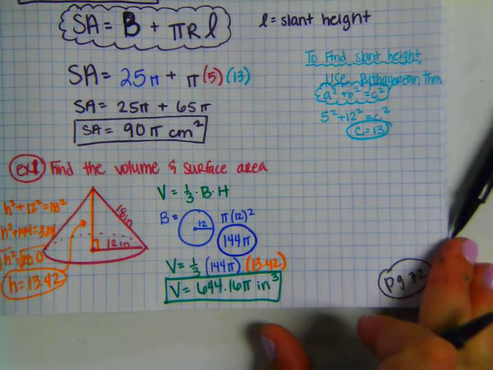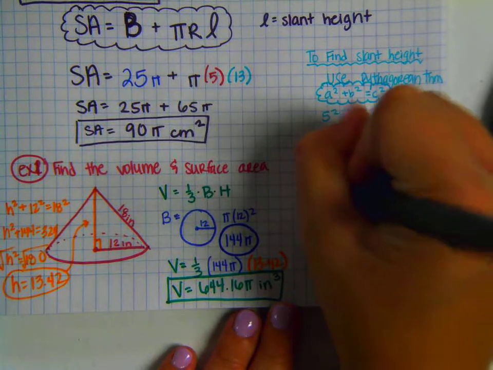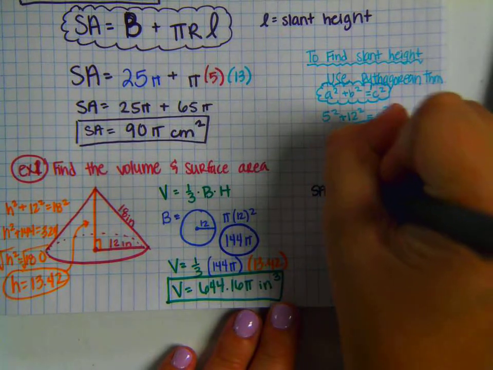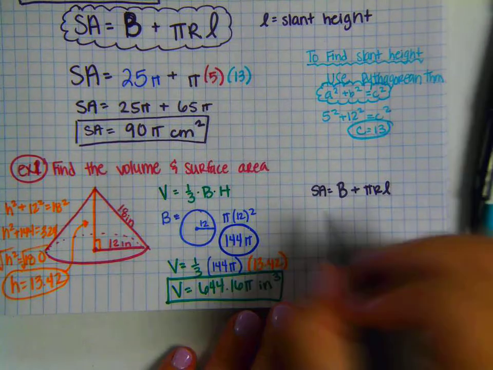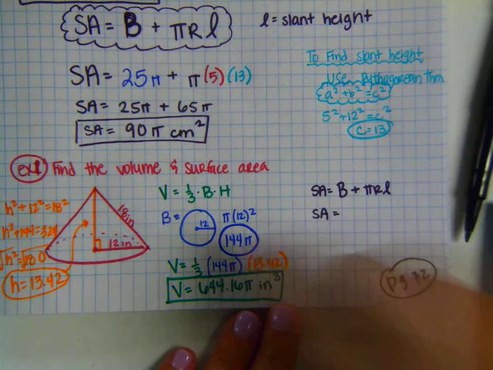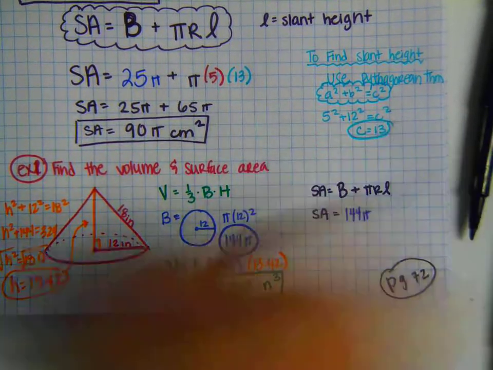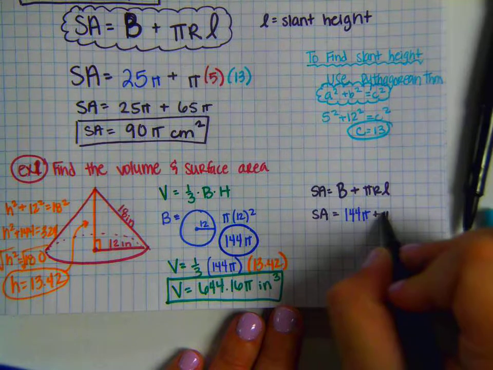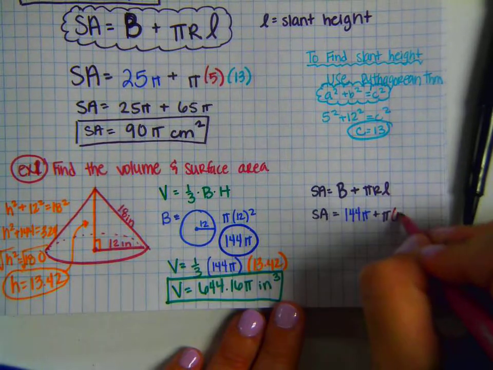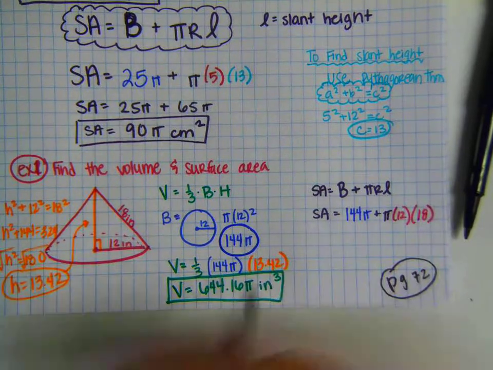And then let's find our surface area. So surface area is going to be big B plus pi RL. So we'll have our big B, which is 144 pi, plus pi times 12 times our slant height, which again, we know that one this time.